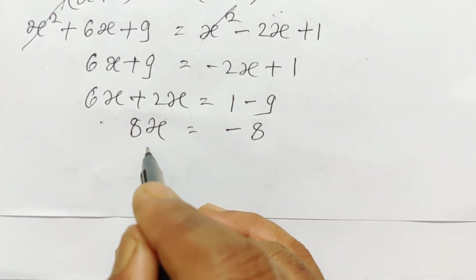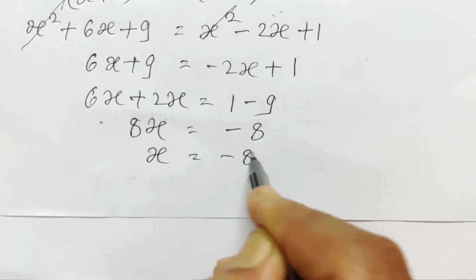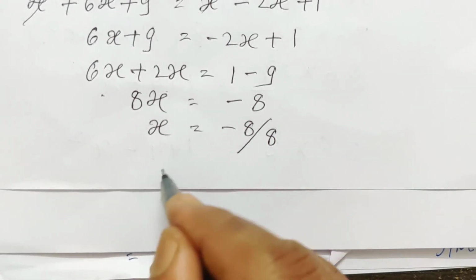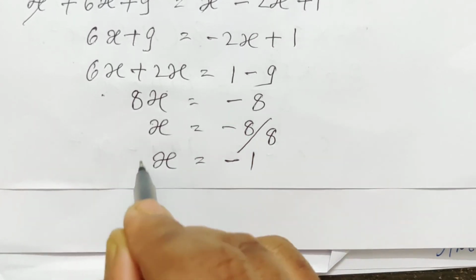And so you will get x is equal to minus 8 upon 8. That means x is equal to minus 1.